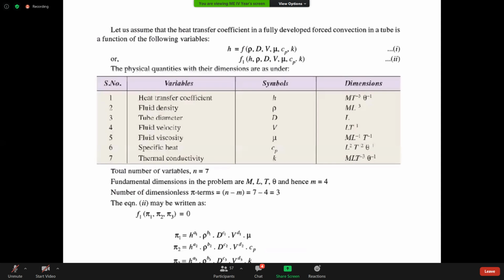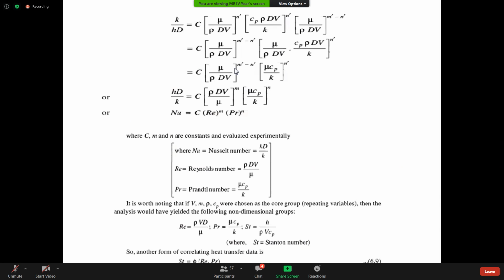So in that way, if you do it, I did not put this procedure here. You are supposed to do it and acquire this. You get this Reynolds number, rho dV by mu or rho LV by mu. Right. So these are the things we have to derive. This is for the forced convection.